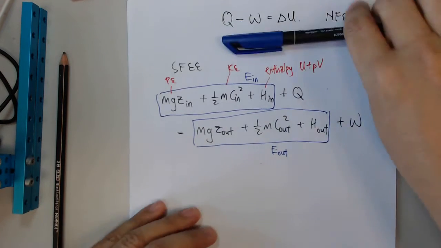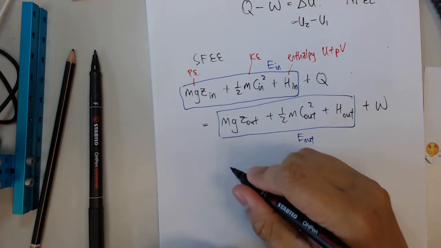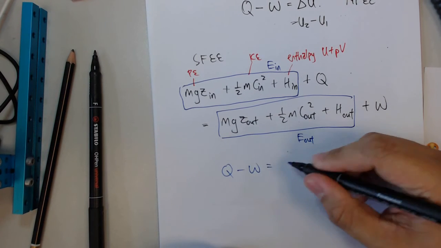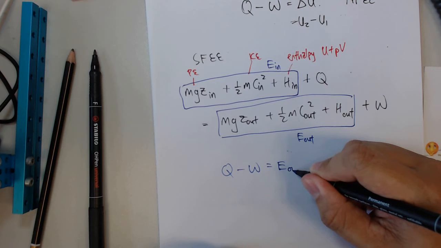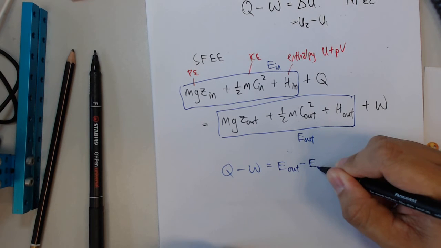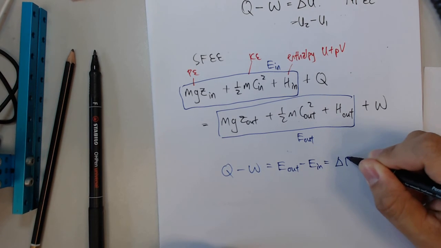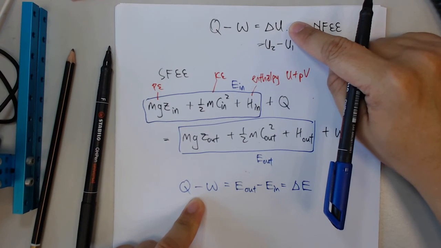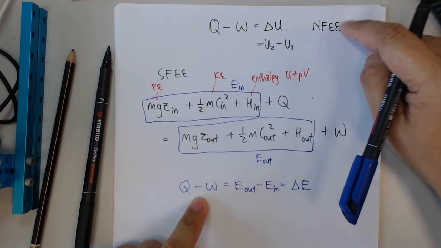If I manipulate it a bit, you see that Q minus W equals E out minus E in. So at the end of the day it's a similar form to the NFEE.